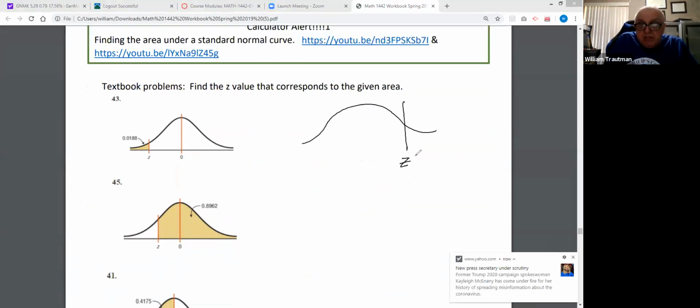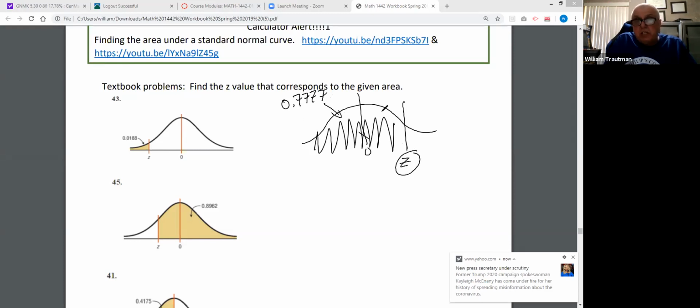Find this Z value. There's 0. If this part shaded in is 0.7777, find this Z value. So you just put this in your calculator.